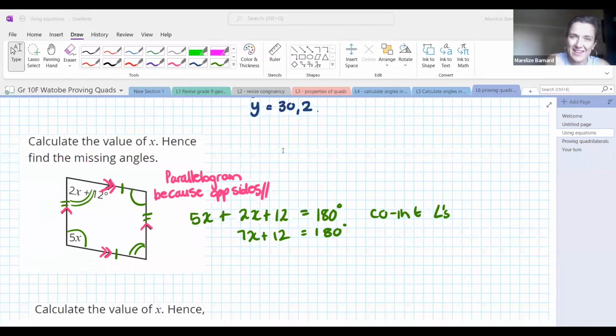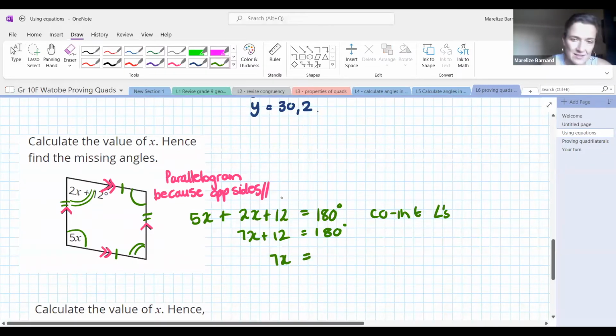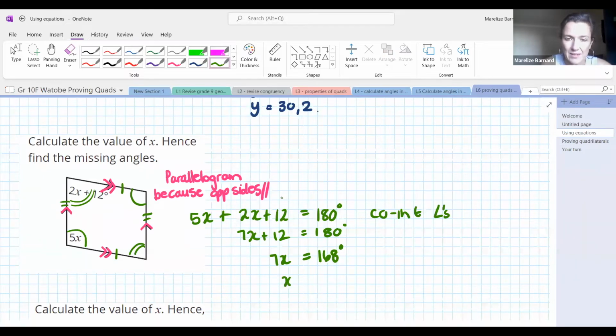Hannah's right up there. Anam. Let's see if they're right. Okay, good stuff. So 7x is going to be 168, and then we divide by 7 on both sides, and that gives us 24.